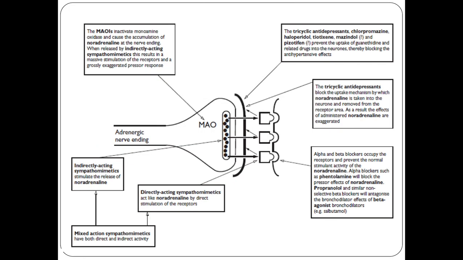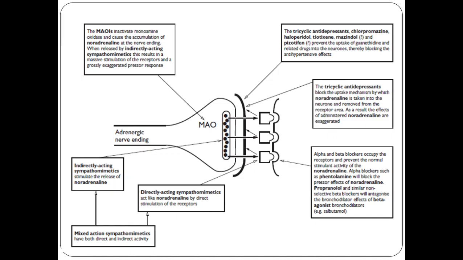So this is a picture showing an adrenergic nerve ending, and you are seeing the MAO, that is monoamine oxidase. Inhibitors inactivate monoamine oxidase and cause the accumulation of noradrenaline at the nerve ending.